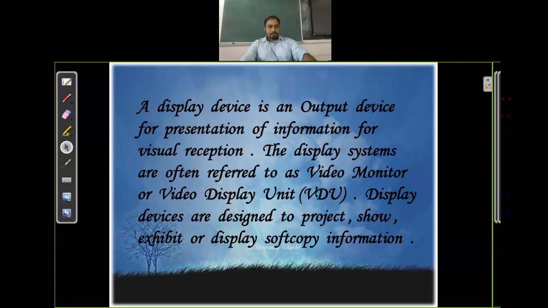Yes, sir. Okay, so in the last class we have discussed computer monitor, video monitor, a display device.